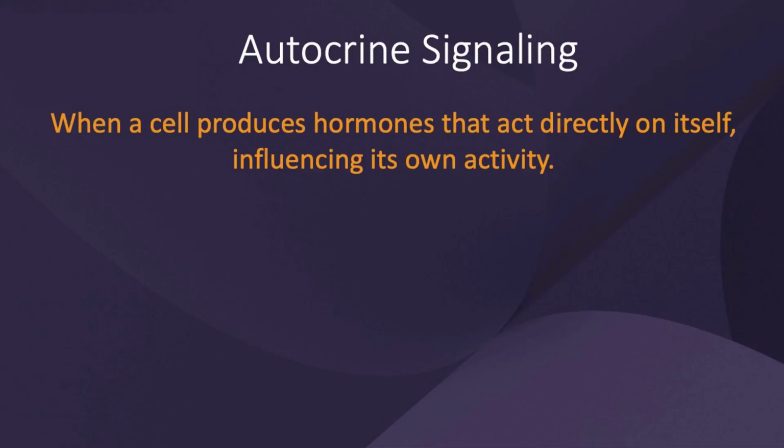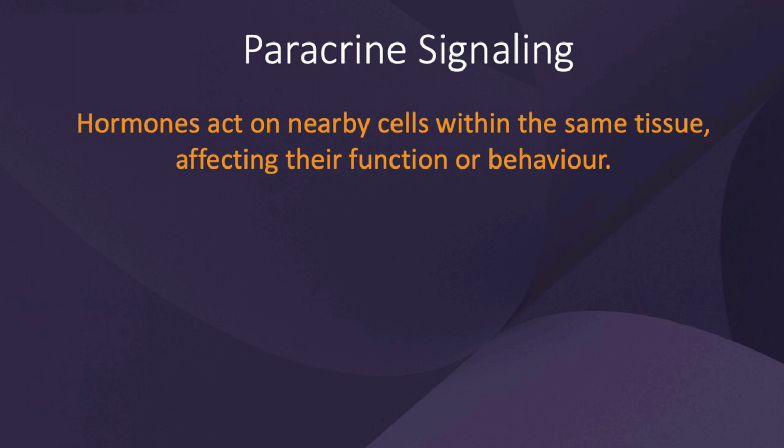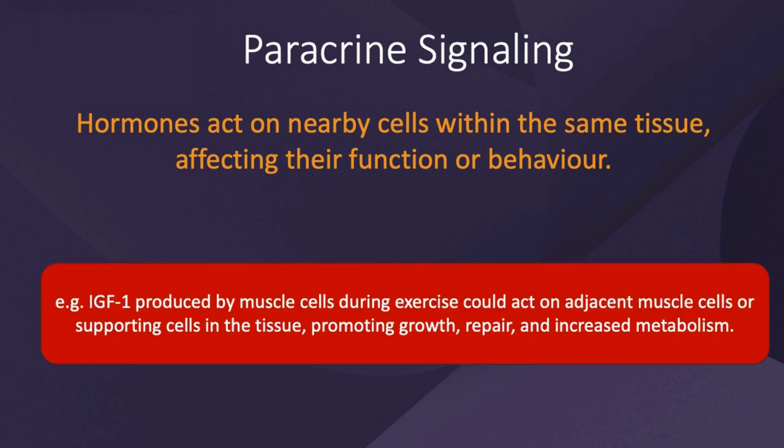IGF-1's influence on muscle may primarily be due to its autocrine and possibly paracrine release mechanisms. Autocrine refers to a mode of hormone action where a hormone affects the cells that produce it, while paracrine refers to the actions where the hormone affects nearby cells.